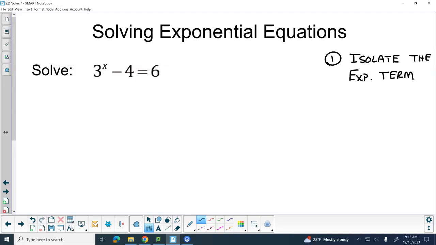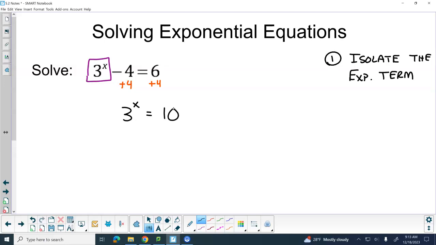In this particular case, that term is this 3 to the x power. So that purple box needs to be all by its lonesome on whichever side you want it. What I would do here is add 4 to both sides. That gives me 3 to the x power equals 10.